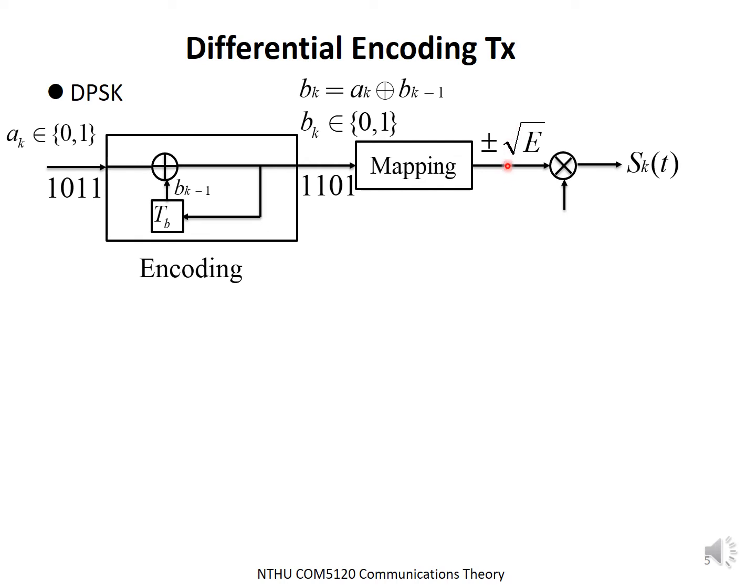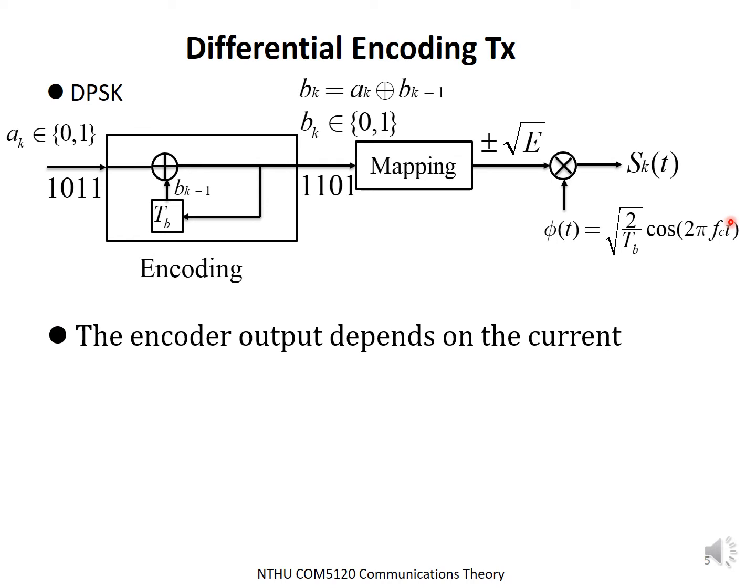And this plus or minus value would go with the basis, the carrier frequency, and that would make the transmit signal SK. And so altogether, that makes the transmitter of differential PSK.